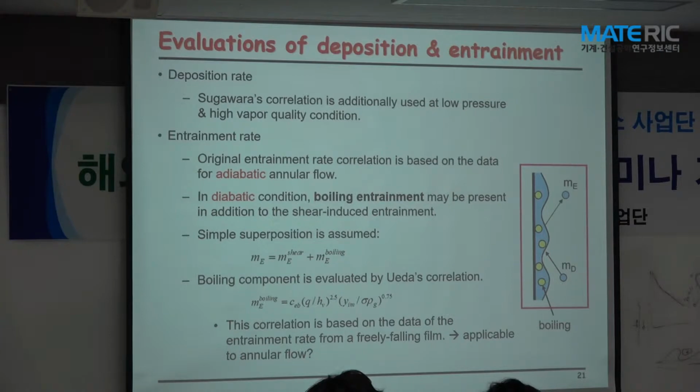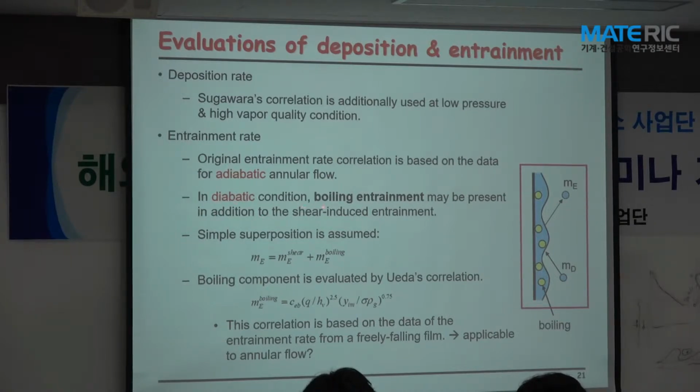Therefore, I guess evaporation is very significant. So we hope the main phase change from liquid to vapor occurs at the interface. However, if the heat flux is very high, in that case, boiling within the liquid is possible. And recently, for example, in the International Journal of Multiphase Flow or something like that, the presence of boiling within the liquid film is reported.